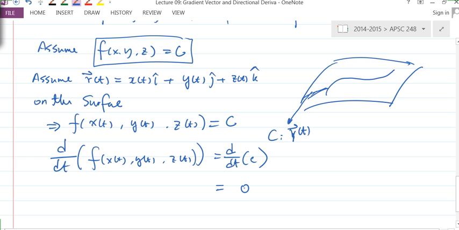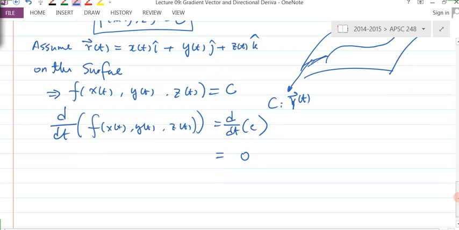And this side here, we're going to use a chain rule, right? So what does this side give us?